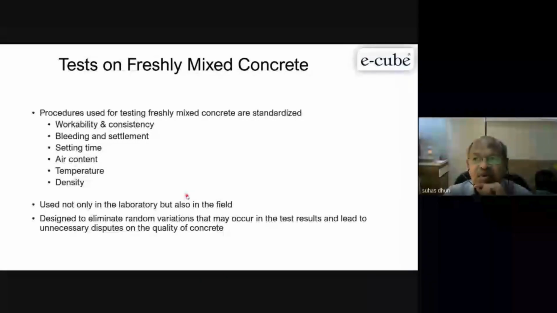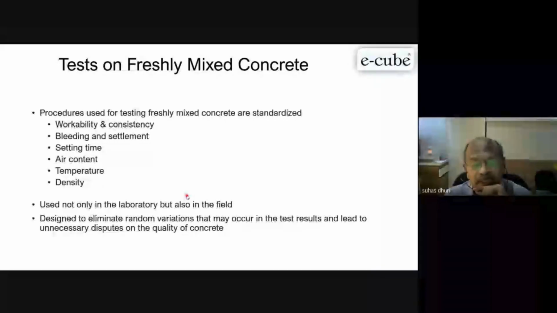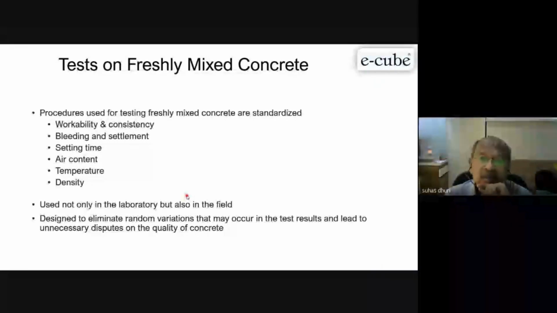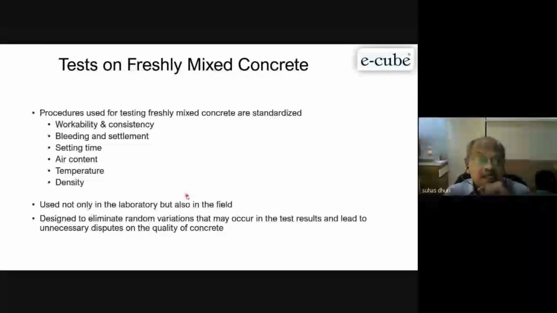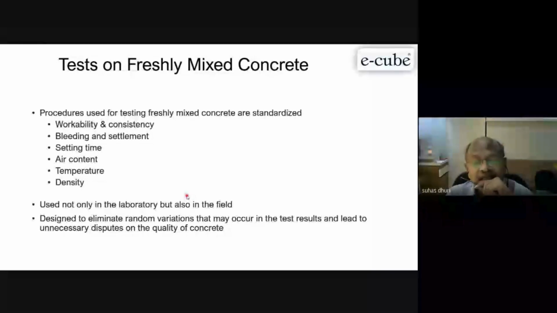Sometimes for 1000 cubic meters, you end up with 990 cubic meters. So somewhere yield is more, somewhere yield is low, which is not acceptable. Within 1% or maximum 1.5%, it is acceptable. But more than that is not possible, not advisable. So one has to carefully design concrete, and whenever you design concrete, one has to check the yield of that particular mix. How the yield is affecting, we'll discuss. But it is also very important.